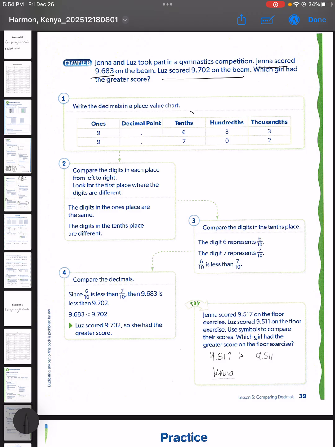I identify where the numbers are different. This was Jenna. This was Luke. 7 is greater than 6. So Luke has the greater score. I can use the same process for the try it.